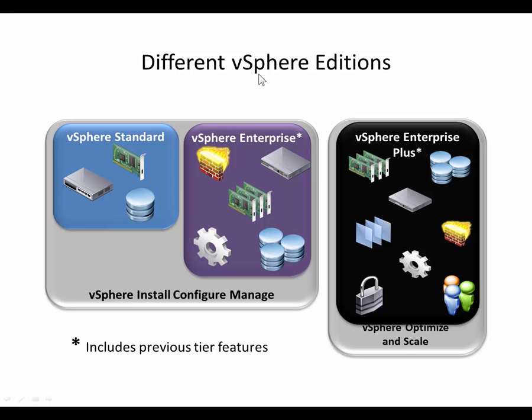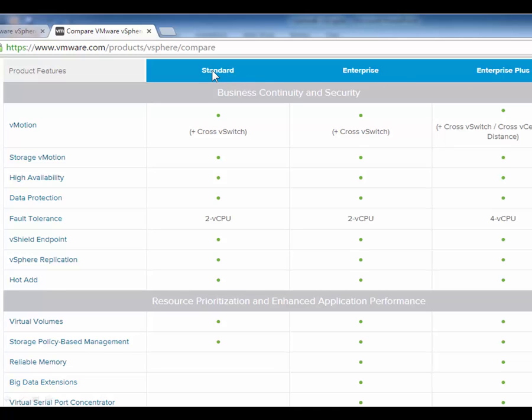Let's look at some of the different editions of vSphere: Standard, Enterprise, and Enterprise Plus. And if we go to VMware.com, we see a comparison of Standard, Enterprise, and Enterprise Plus. And you can see that Standard, just like the others, includes the hypervisor, it includes vMotion, storage vMotion, high availability, data protection, and fault tolerance, all of which we will discuss during this class.